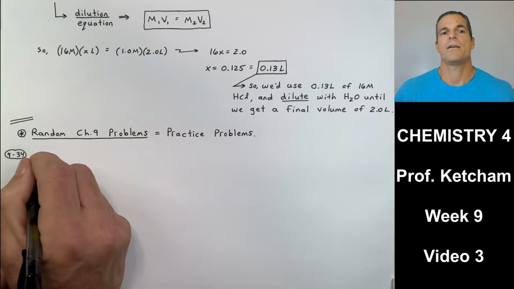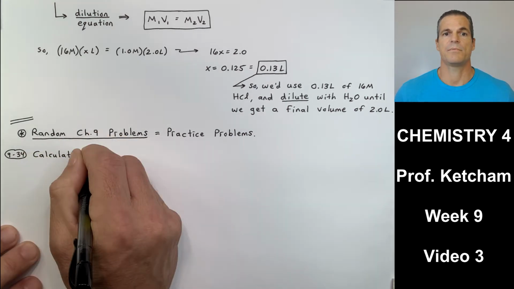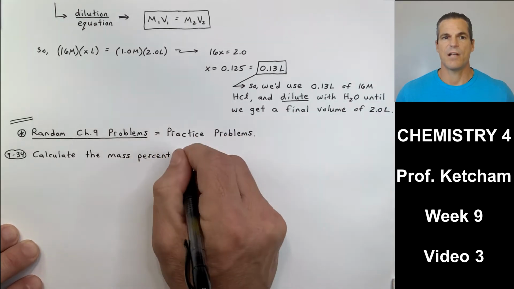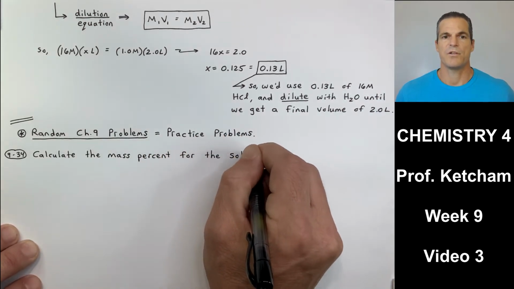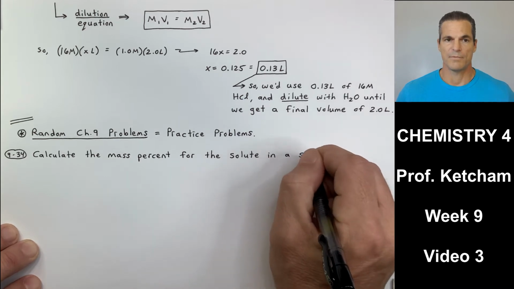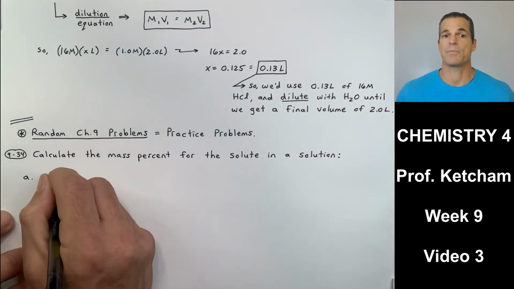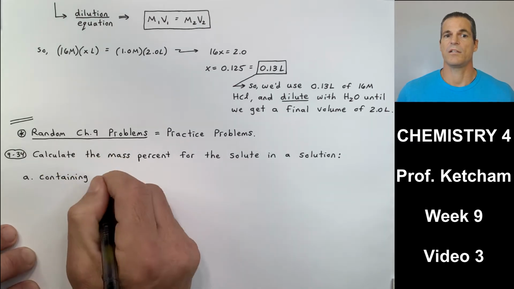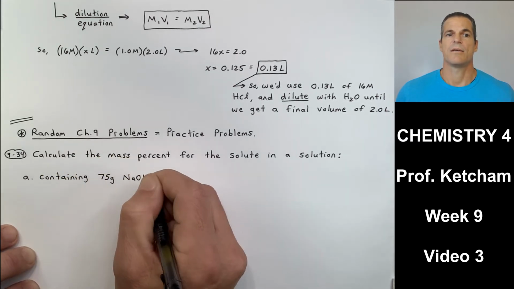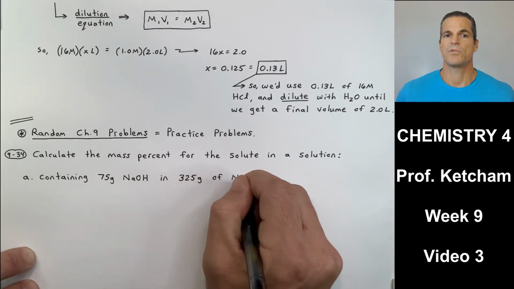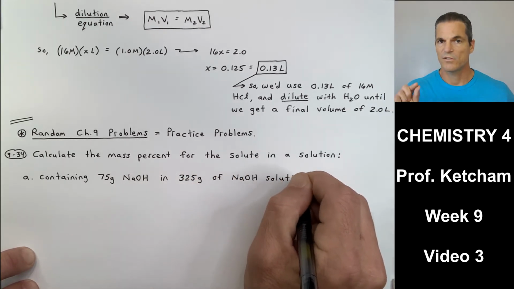All right, now here's just some random chapter 9 problems. They're all very helpful. Some of them are not assigned problems, and that's not because they're different. I just want you to have more exposure to more problems from the chapter. So this is number 34. Calculate the mass percent for the solute in a solution, A, containing 75 grams of NaOH and 325 grams of NaOH solution.